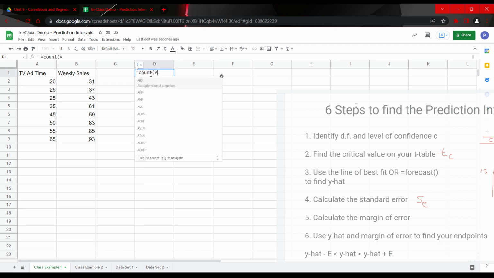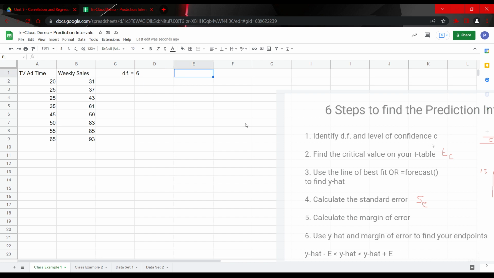So I'm going to count out how many there are. There's 8 data values minus 2. My df is equal to 6.